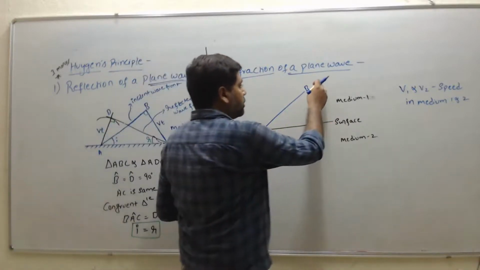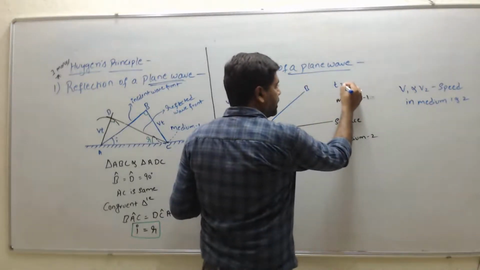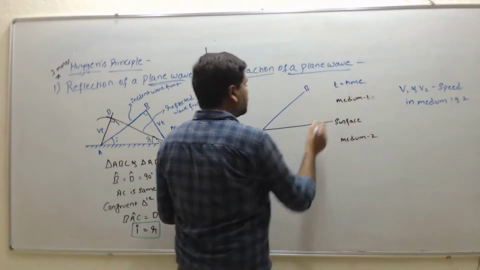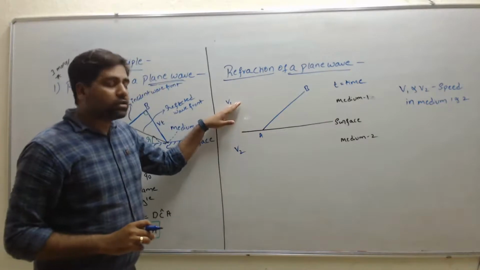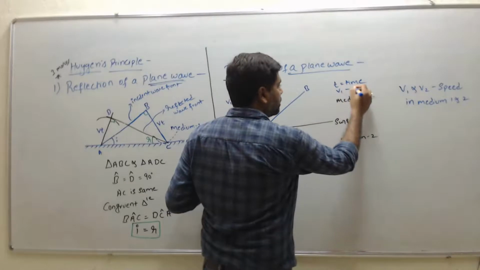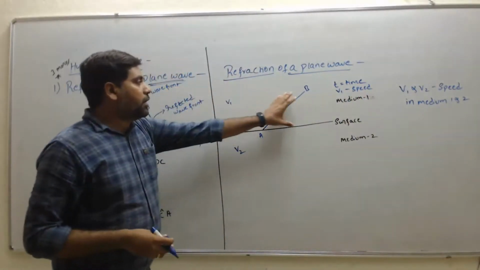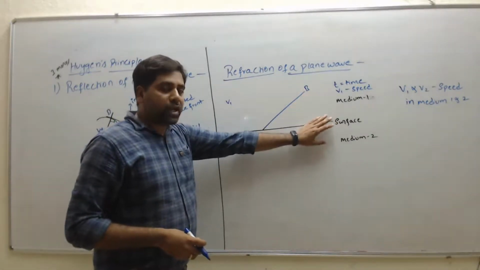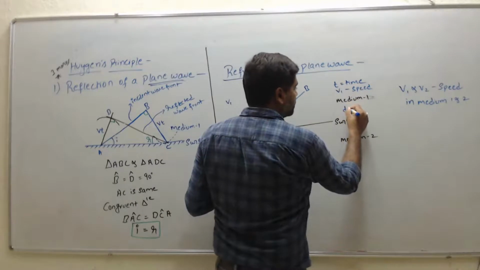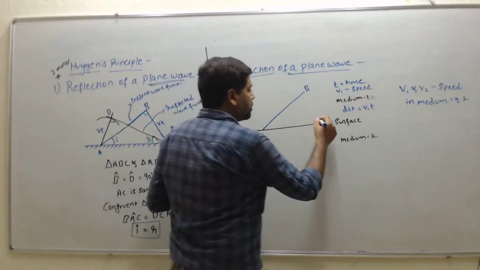If the time B takes to strike the surface is t, it travels with the speed v1, the speed in medium 1. Then if we draw a sphere of radius v1 t, the distance traveled is v1 t.